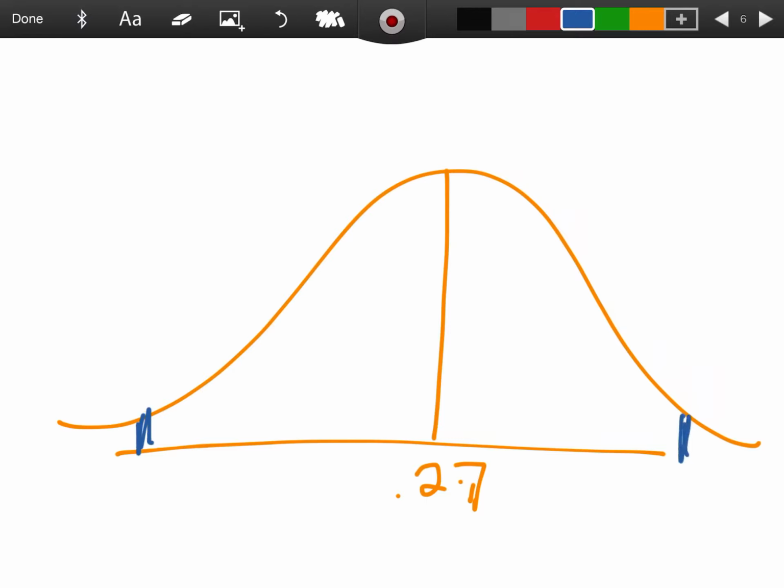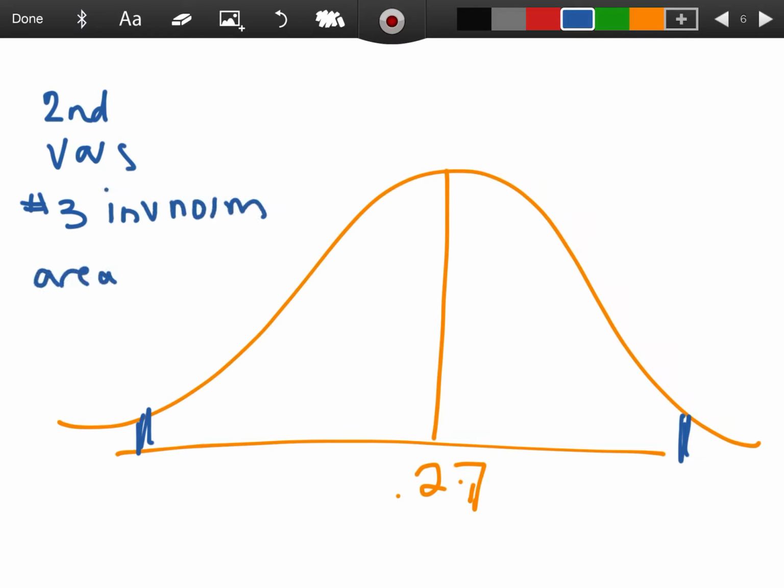So to get how many z-scores it is, we know it's going to be darn close to 3 z-scores because that was 99.7% accurate. So we're going to do our second VARS button again, go down to number 3, which is inverse norm, and type in that our area is 0.99, and leave it in the center.